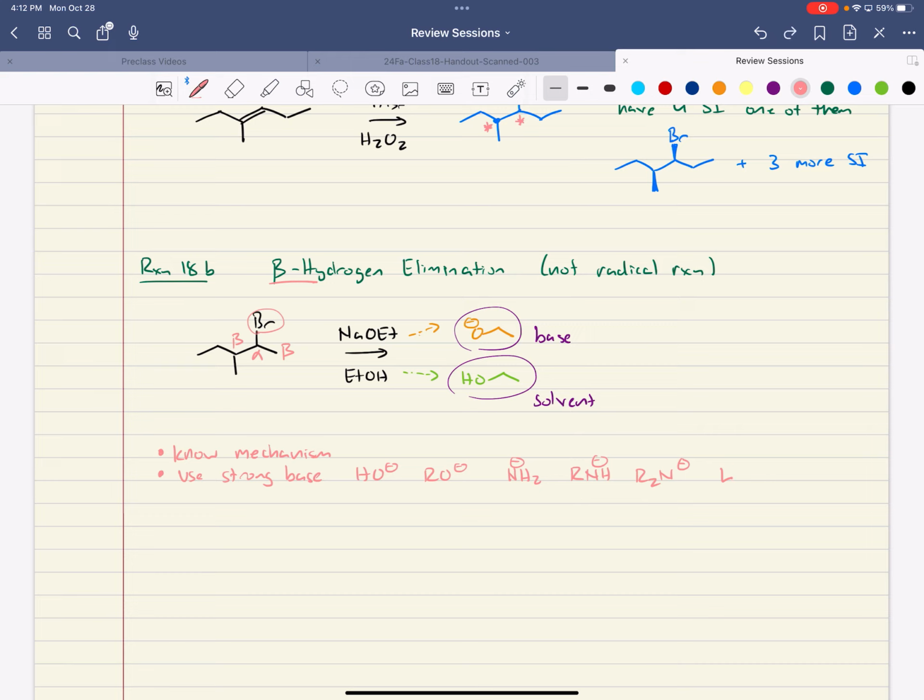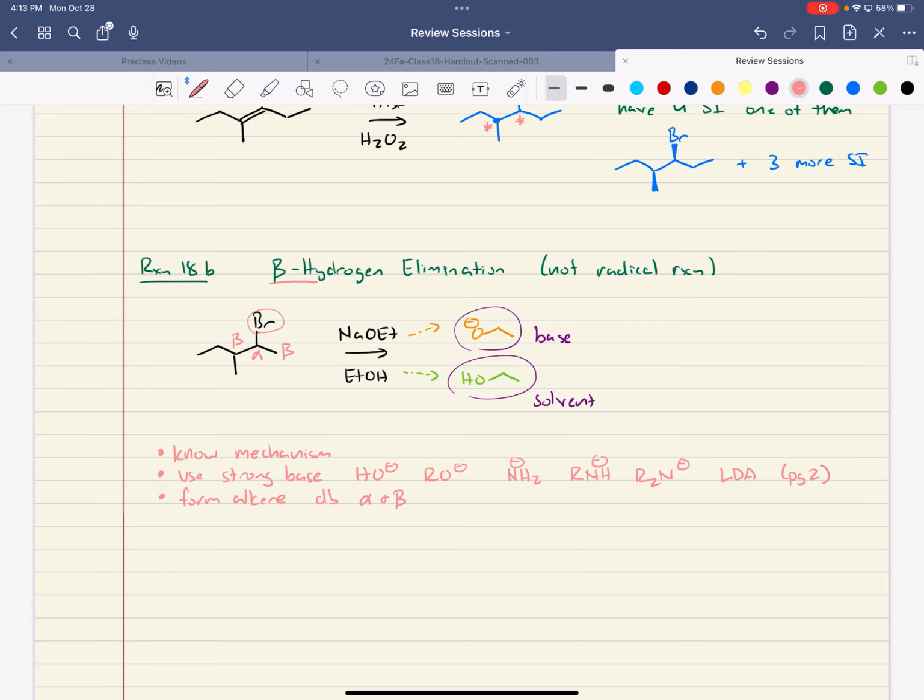If you don't know any of these, or if you got lost in this list, go back to this class. I listed strong bases at the bottom of page 2. Okay, next. You form an alkene, and the double bond is between the alpha and beta.